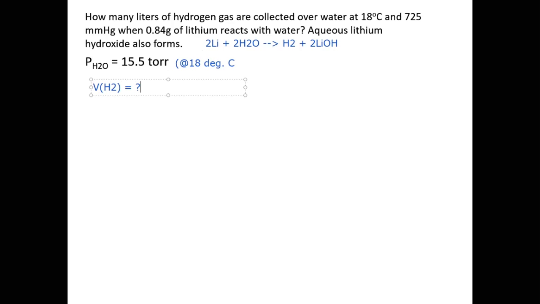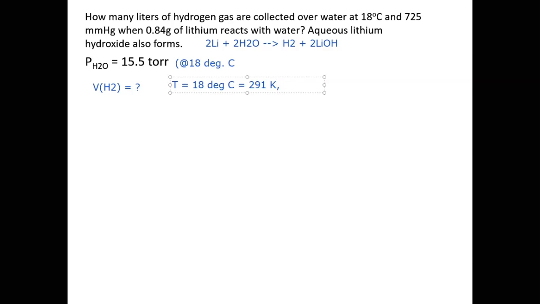What we know is the temperature at which this gas was collected, 18 degrees Celsius. Convert that to Kelvin: 291 Kelvin. The pressure of the gas, we know that.